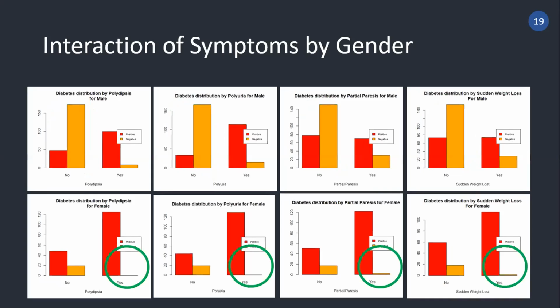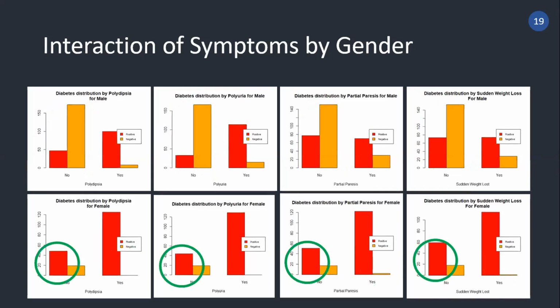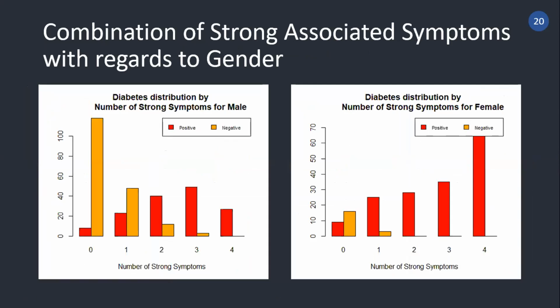And lastly, although a female does not have any of these four symptoms, we also cannot conclude that she does not have diabetes, because it is still quite likely that she has diabetes.